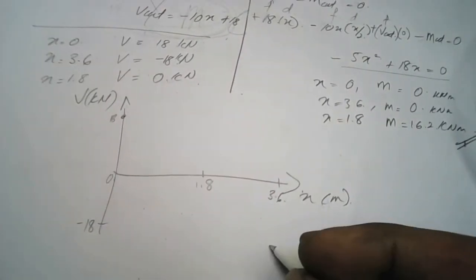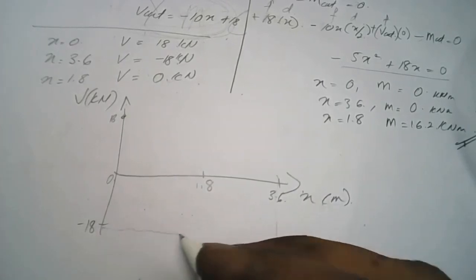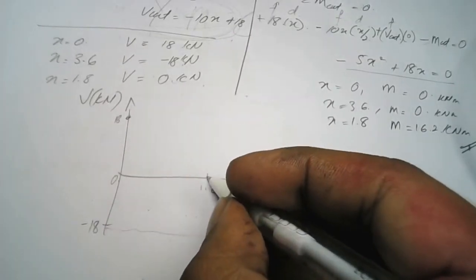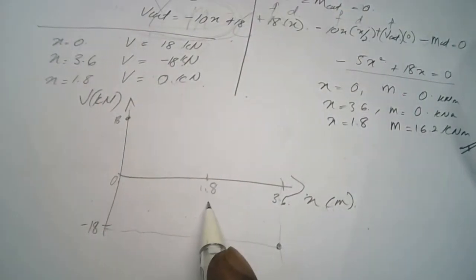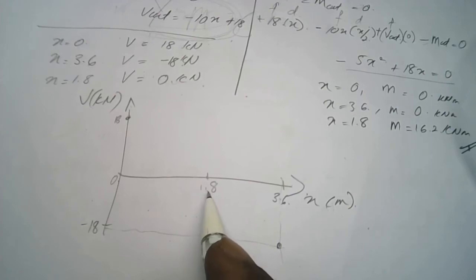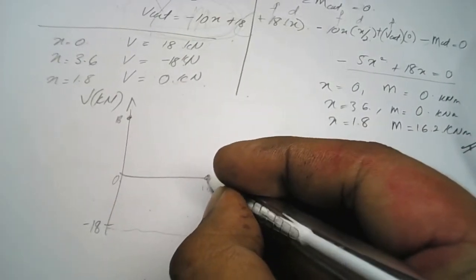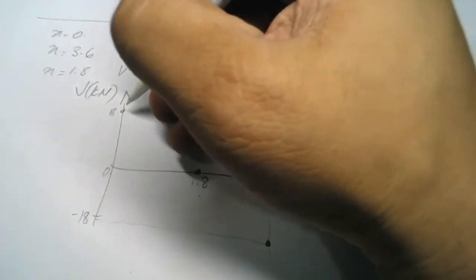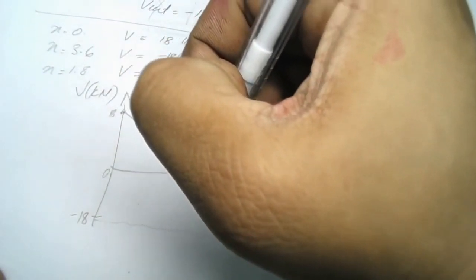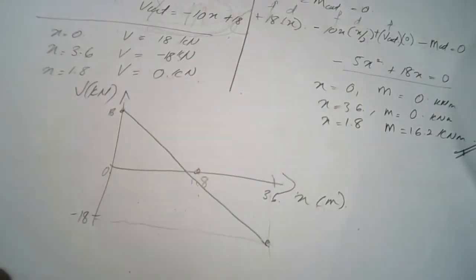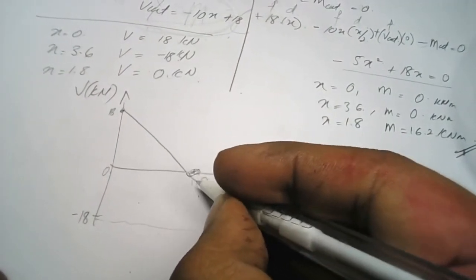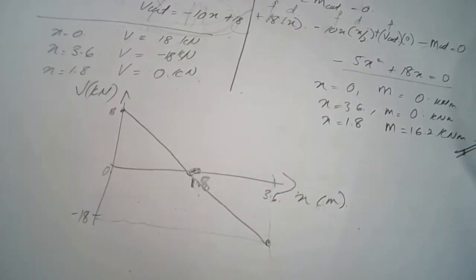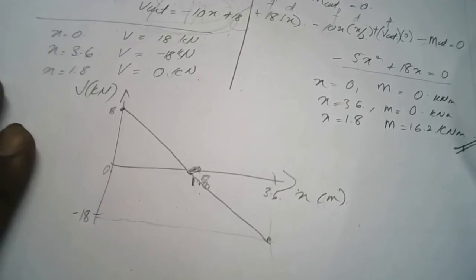So we have another point here. At x equal to 1.8, you will get a shear force value of 0. Okay, here is your shear force diagram.